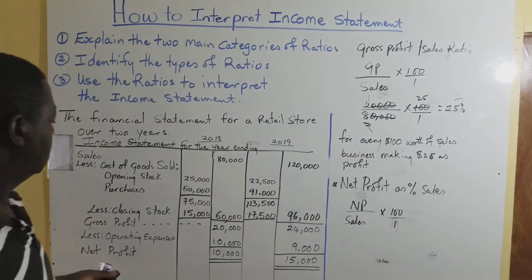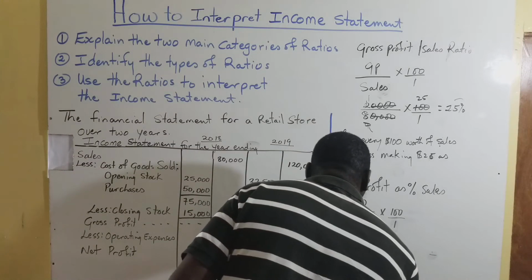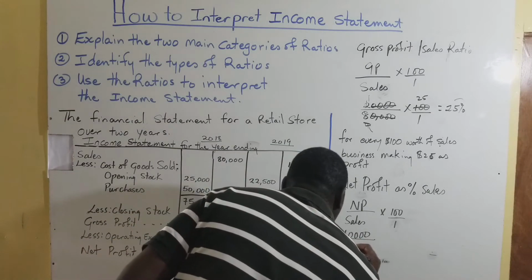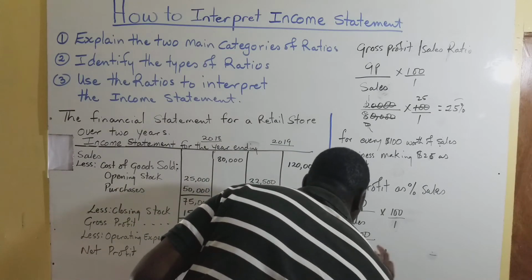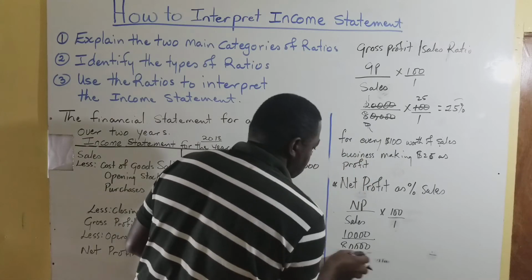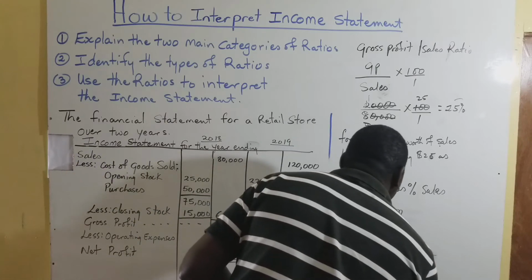So what is the net profit? $10,000 over the sales, which is $80,000, times 100 over 1.